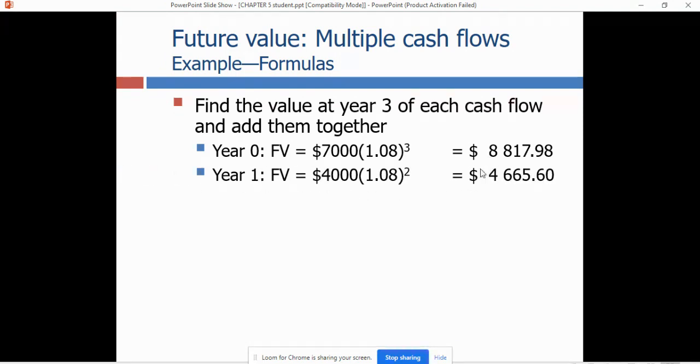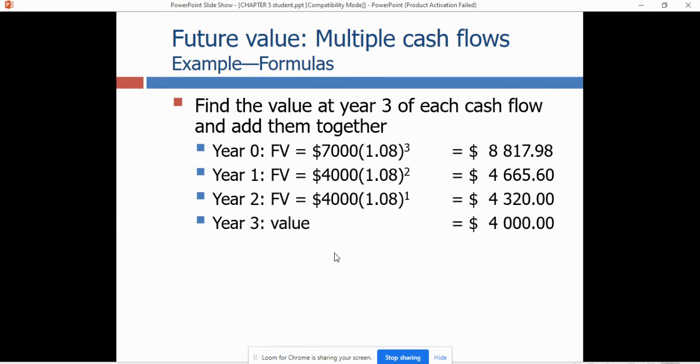8,817.98. And then year one, you have deposited 4,000, only have 2 more years for the compounding. And year two, another 4,000, you have just 1 year left for compounding. And the year three value, all right, you deposit 4,000, there's no longer compounding effect.